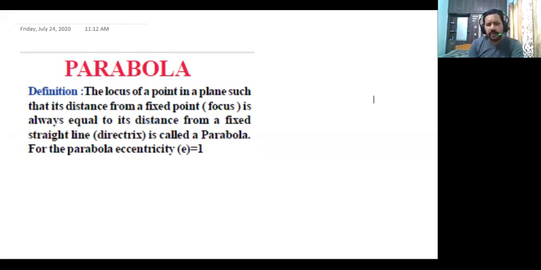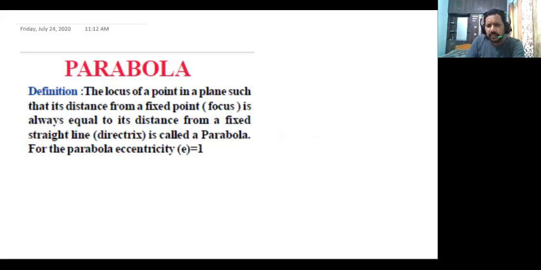The locus of a point in a plane such that its distance from a fixed point is always equal to its distance from a fixed straight line is called a parabola. For the parabola, eccentricity is 1. We know this very well. Now, what is the diagram of the parabola?